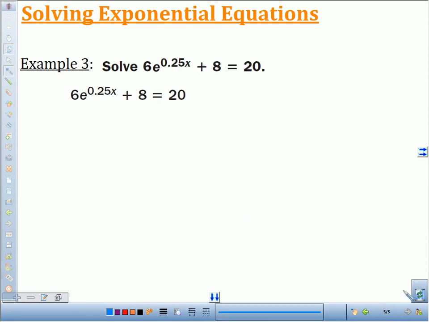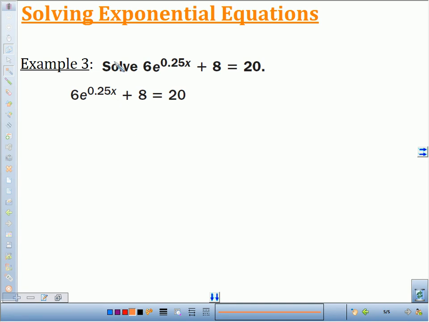Let's look at a slightly more difficult example. Here I want to solve 6 times e to the 0.25x power plus 8 equals 20. Now, there's a lot of stuff going on here, and we want to break it down and do it piece by piece so we don't try to get too much going at one time.